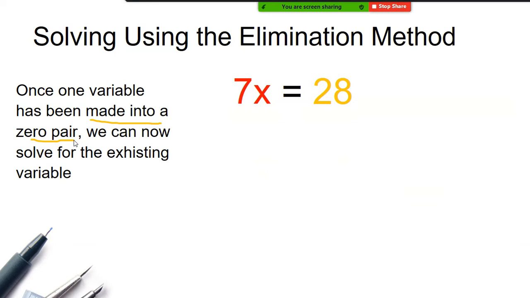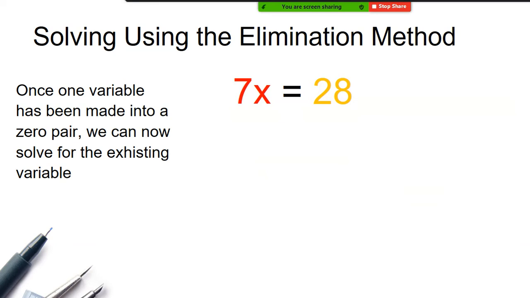And we can now solve for the existing variable. Please go ahead and write this step down, this side note. Once the variable has been made into a zero pair, we can now solve for the existing variable.